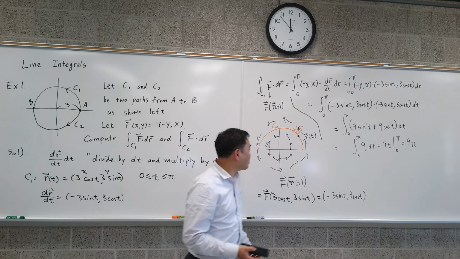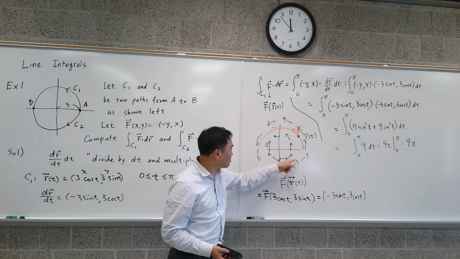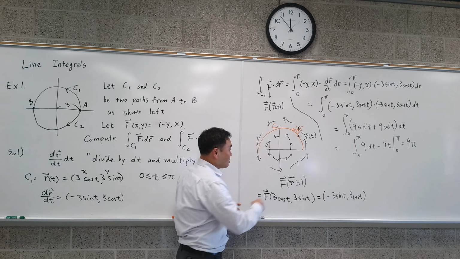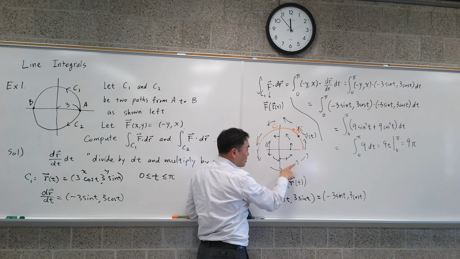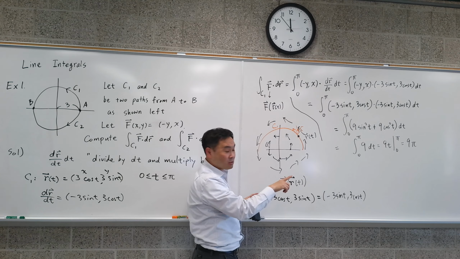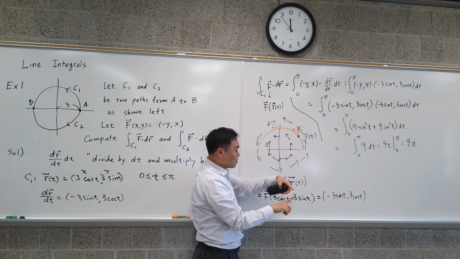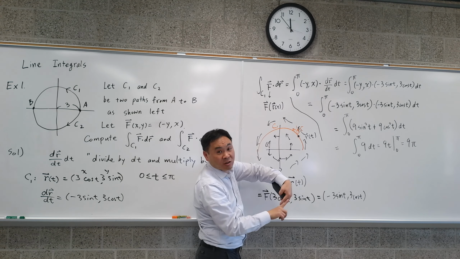But even before doing the calculation, what if we took this path? What's going to happen if we go this way? It'll be slowing down because you're going the opposite direction. The force field is working against you, right?